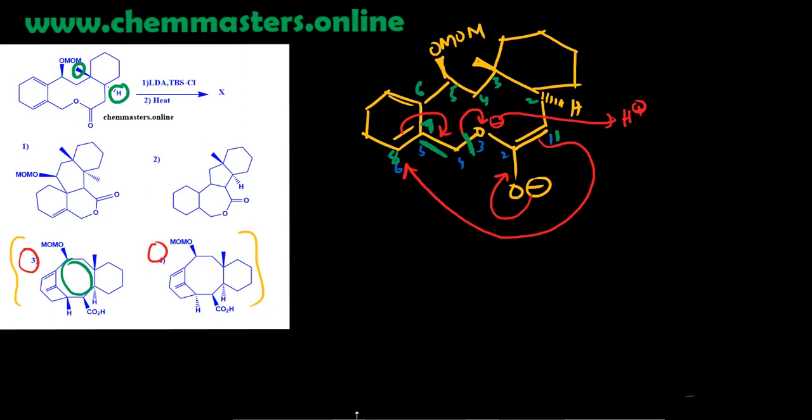Okay, so we can say here 6 atoms are involved, so the ester cleavage takes place here. That means the rearrangement of the enolate ester takes place with the 6 atoms on heating.